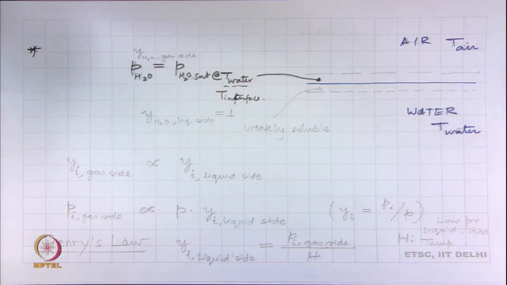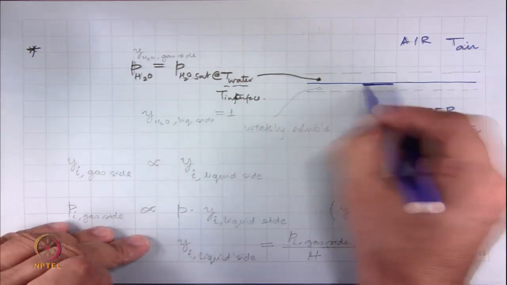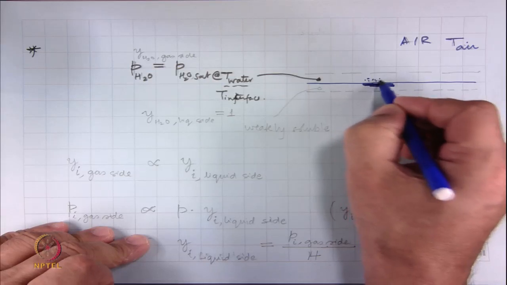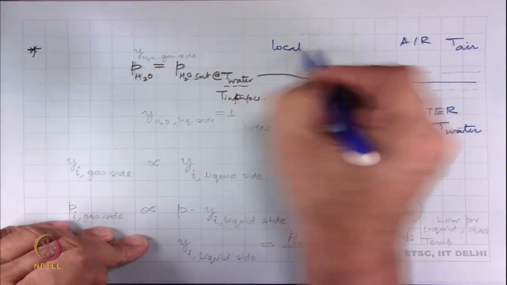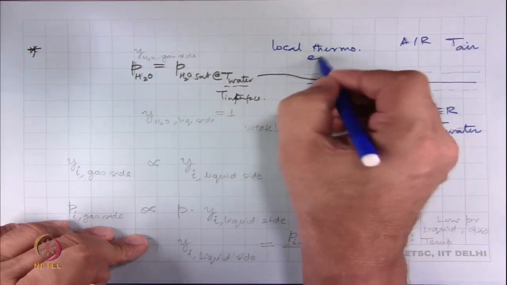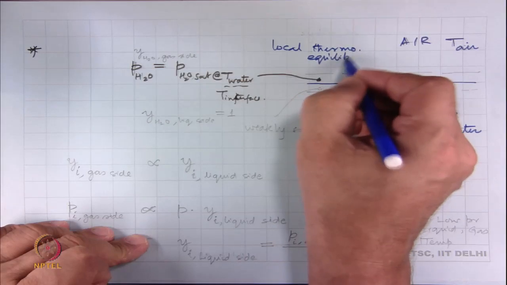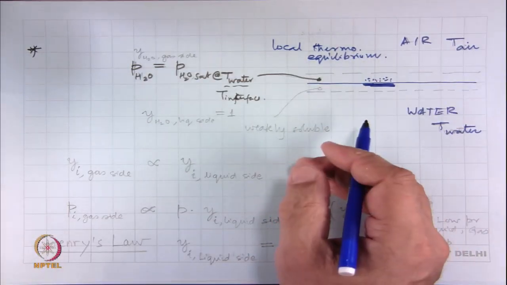What we are saying is that the liquid just at the surface or below the surface over here and the vapor here are in local thermodynamic equilibrium. But that does not mean that this is a static system.